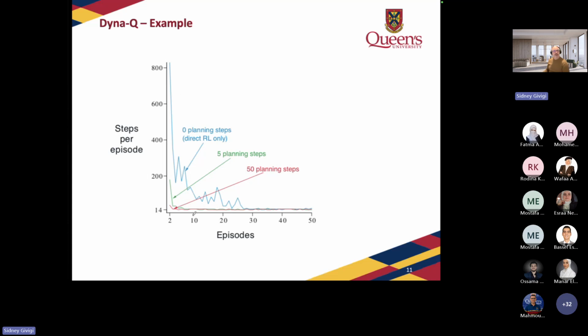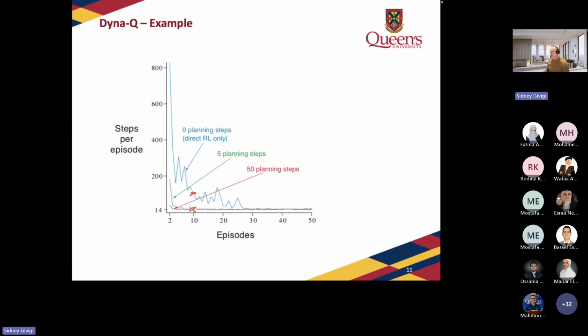So in 10 episodes, if you have 50 planning steps, you have way more steps. However, for interaction with the environment, it is the same, but note that there is a very big difference between the number of steps per episode here and here.